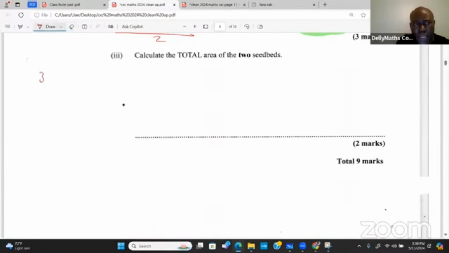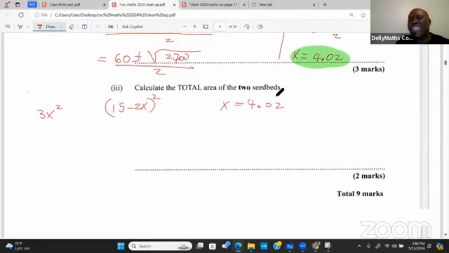Take a look. 3x squared was for the rectangle, and for the square, it was 15 minus 2x squared. So if we substitute our values there, all we've got to do is substitute x equal to 4.02, because we just realized that if we use the 55.98, we'll get a negative side for the square, and that can't work. So right here, we're just substituting 4.02, we square that, and we're going to add this up, and it's going to give us the area of the two seabeds.